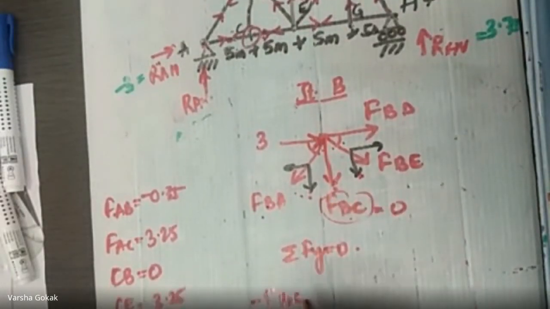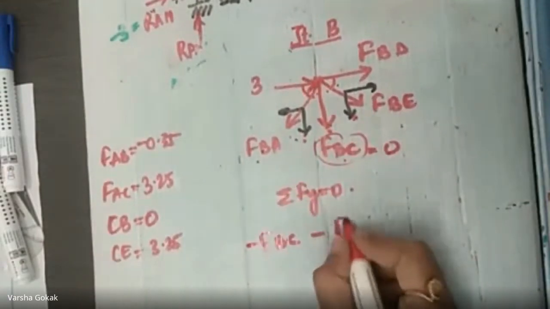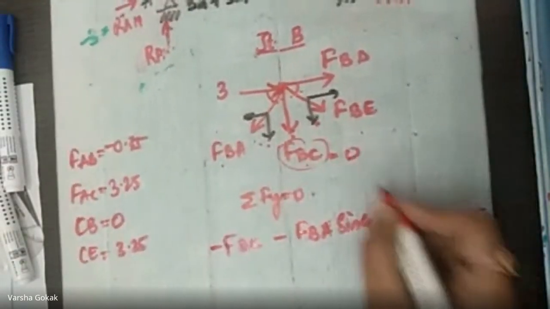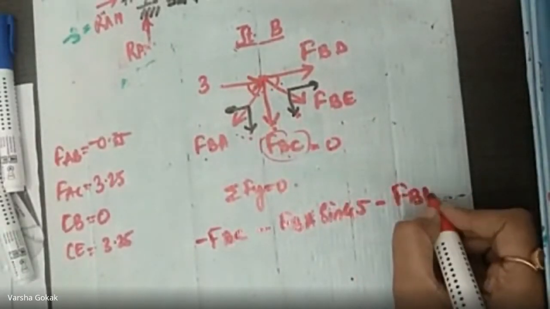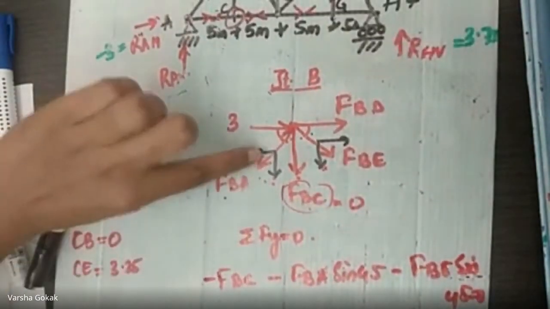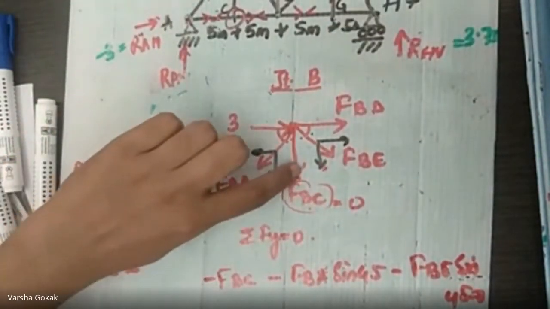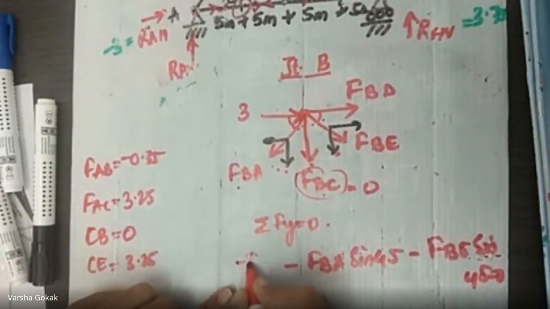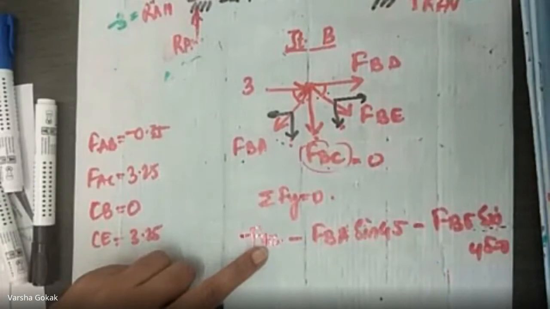So summation Fy: minus FBC minus FBA sine of 45 and minus FBE sine of 45 equal to 0. Correct now? Check 1, 2, 3. So this is 0. This I can write as 0 later, but while writing first substitute minus FBC. Okay. So this is 0.